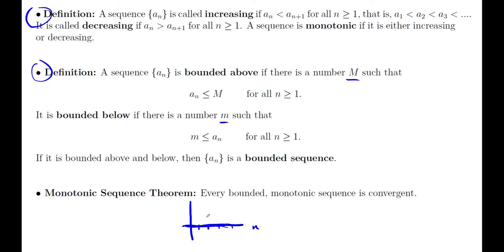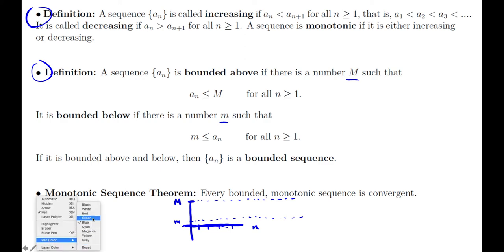If you have capital M up here and you have little m here, and you know that your sequence has to always be in between those two numbers. And in addition to that, you also know that your sequence is monotonic, so it's either increasing or decreasing.